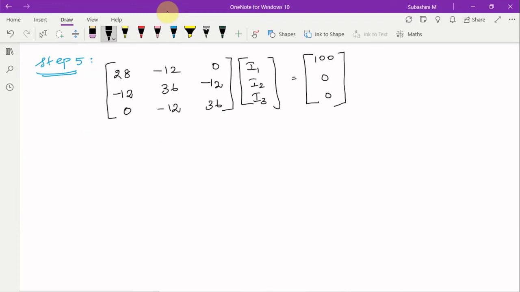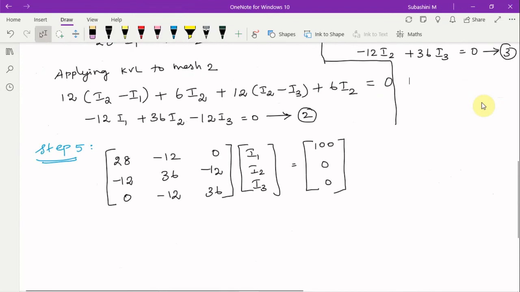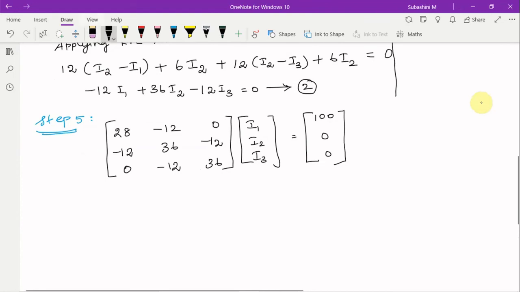But I am only interested in finding the current through the 16 ohm resistance, which is I3. So I will find the determinant of the matrix first, by applying Cramer's rule.